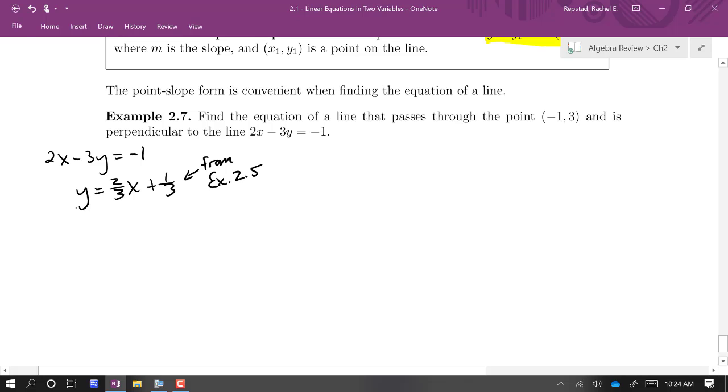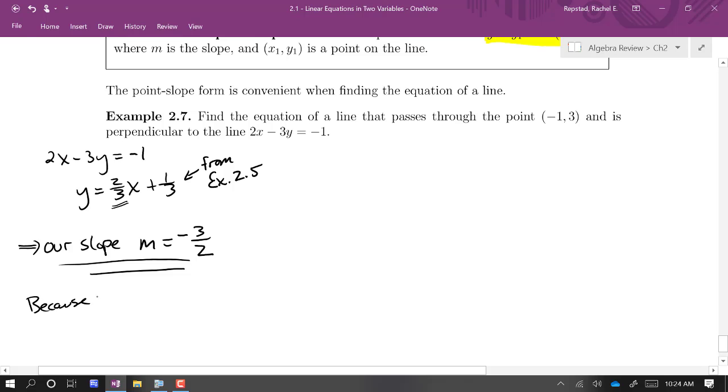So we know that the slope of this line is 2/3, the line they gave us, and that means the line that we're looking for, because it's perpendicular to this line, our slope is a negative 3/2. And that's because it's perpendicular. So we have our slope.